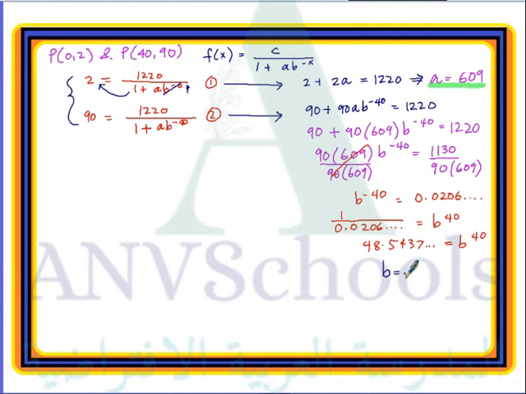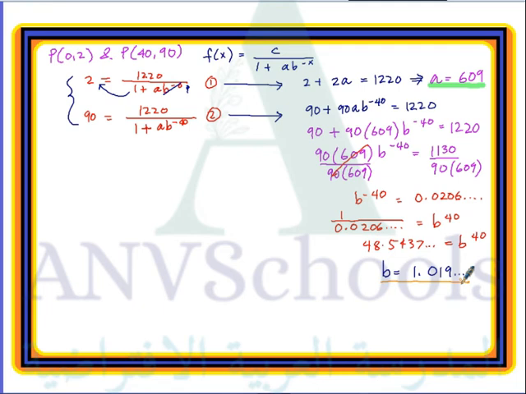The 40th root of 48.5437 will give us 1.019. So these are the things that we need.